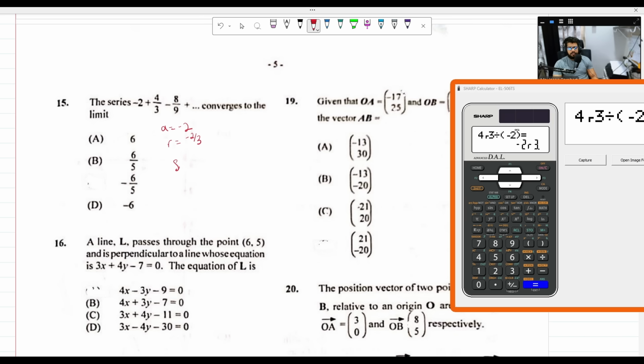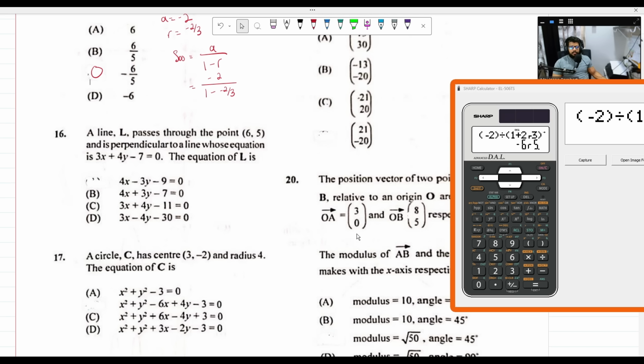So S infinity is a over 1 minus r, minus 2 over 1 minus minus 2/3. So minus 2 divided by, open brackets, 1 plus 2/3, which is minus 6 over 5. The answer is C.